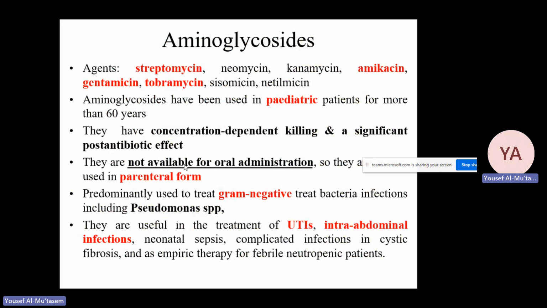So the doses for sepsis, for example, are higher than other classes of indications, like in the case of UTI. Can aminoglycosides achieve adequate concentration in the kidney? Yes, they can, and that's why they cause nephrotoxicity.